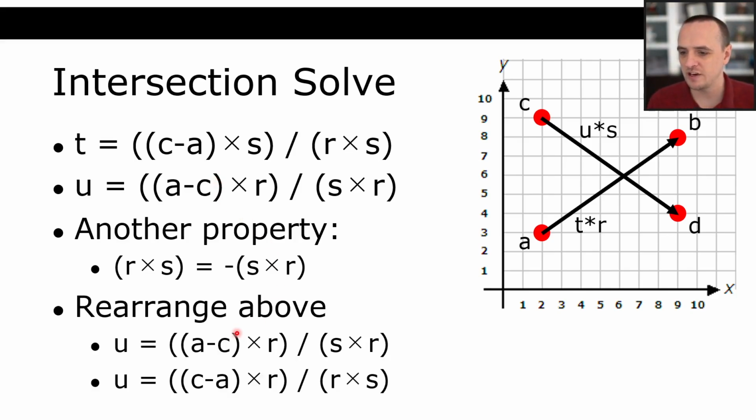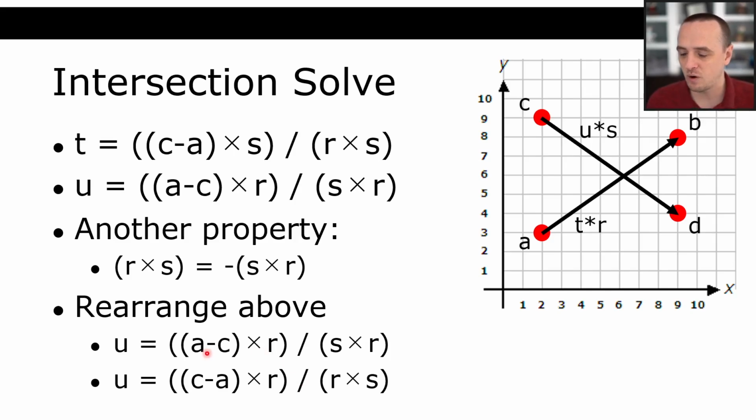We can rearrange the above. So where we have, for example, a minus c cross r, we can replace the a minus c cross r with a negative c minus a cross r. So there's a negative out here right now. But over here, what we're going to do is flip this and put a negative outside. So those two negatives cancel.